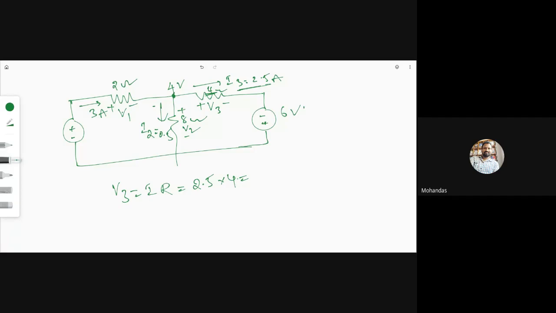How much voltage? 2.5 into 4 is 10 volts.